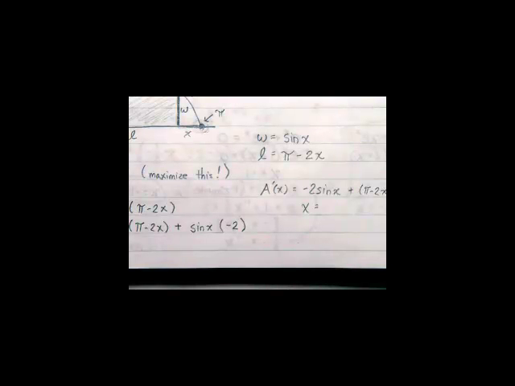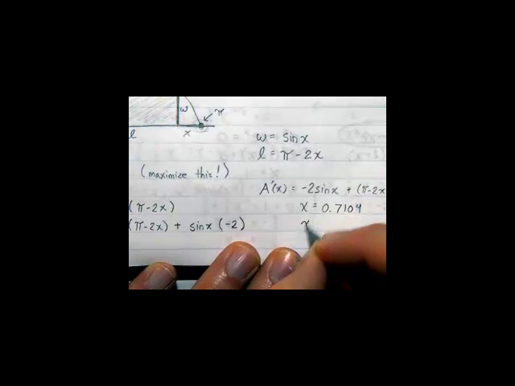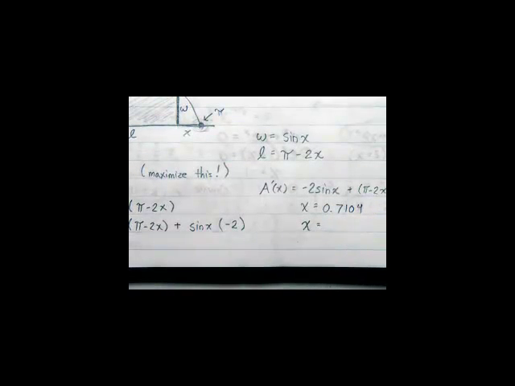quickly do this here. So I got 0.7104. And then there's a second one in there.